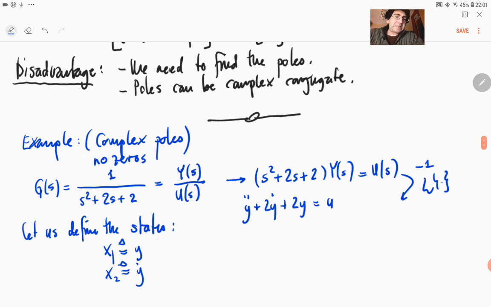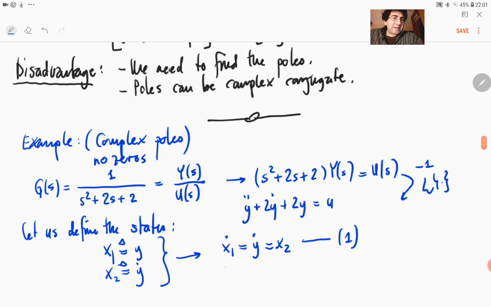Now let us see what this gives us. By this choice, x1's derivative becomes the derivative of y, so that becomes equal to x2.